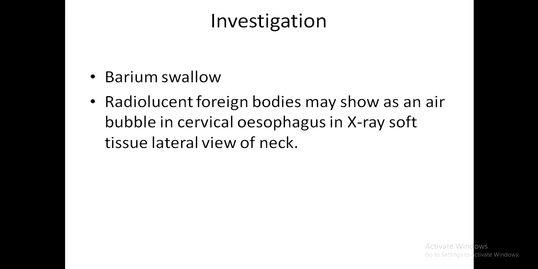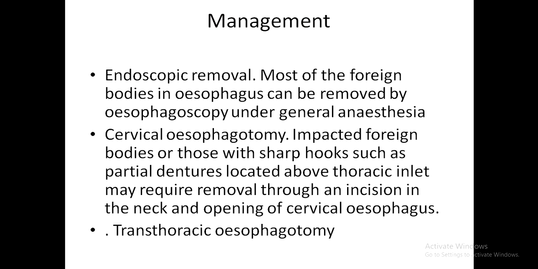For investigation, we give a barium swallow to the patient. After that we check where the foreign body is present, and we can see a radiolucent foreign body may show as an air bubble in the cervical esophagus on X-ray soft tissue lateral view of the neck.